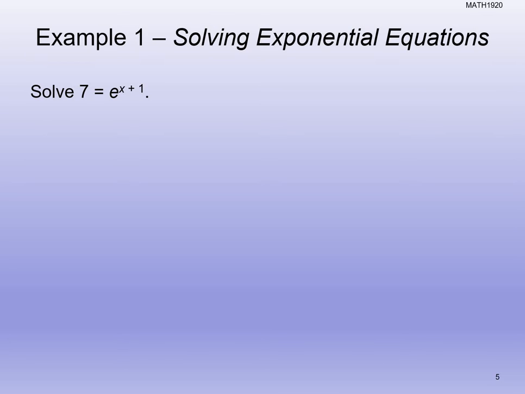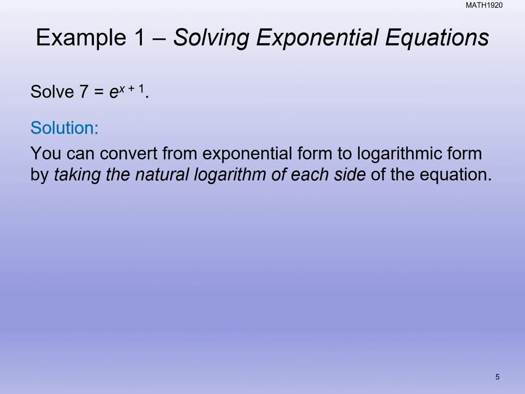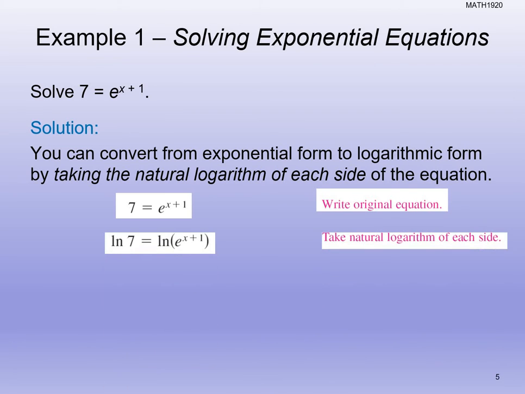If we want to solve this problem, we have 7 equals e to the x plus 1. We can solve this by taking the natural log of each side. What I do to one side of the equation, I can do to the other. Basic algebra that you learned a long time ago. So if we start with the original equation, 7 equals e to the x plus 1, and I take the natural log of both sides, now I can bring down that x plus 1 and put it in front because it's the power on e.